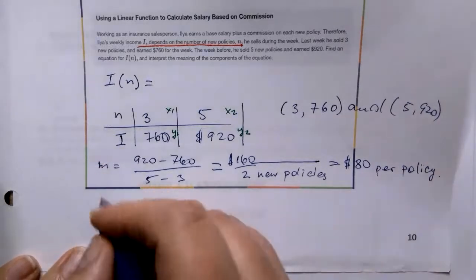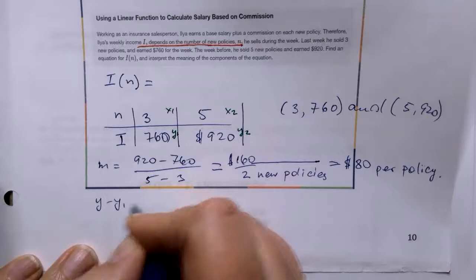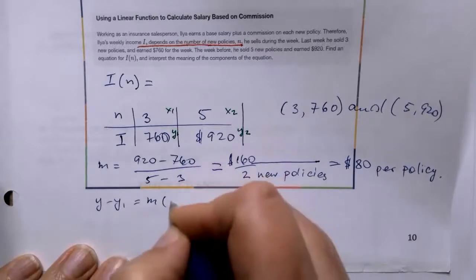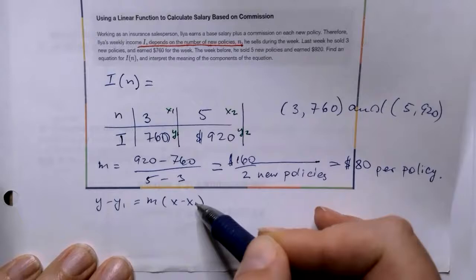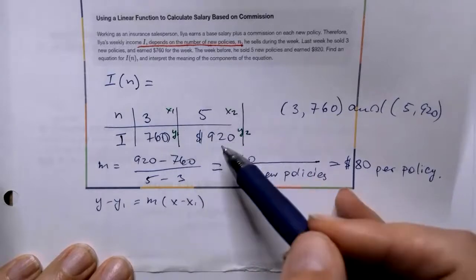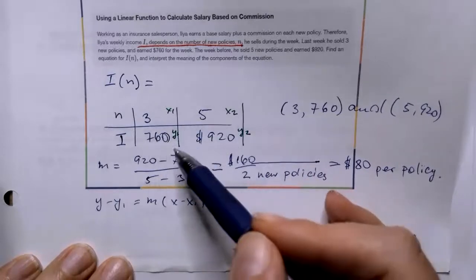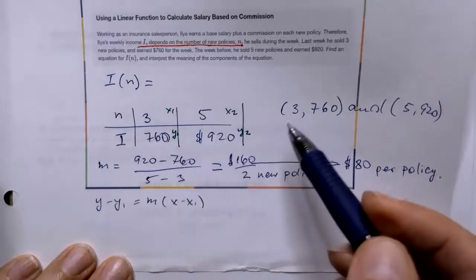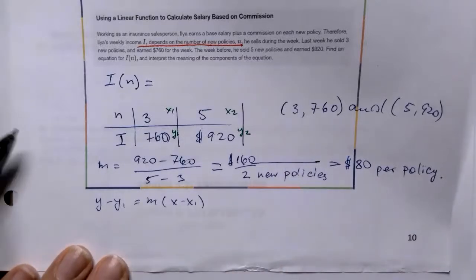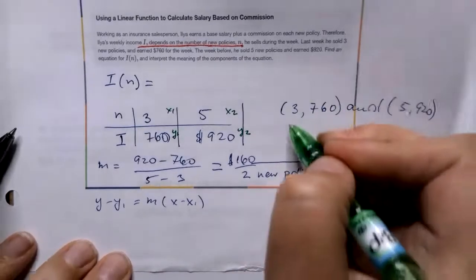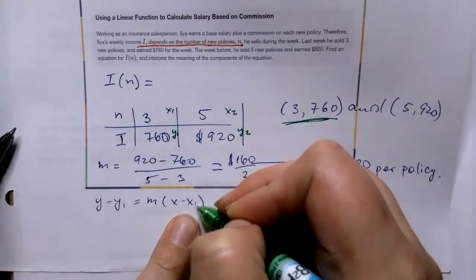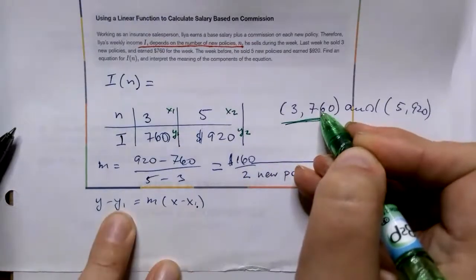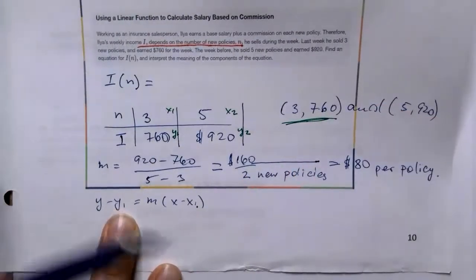So we're going to use our equation y minus y sub 1, our point slope form, okay? And for this, we're going to choose any one of those two points. I'm going to go with the first one. So I'm going to stick x into x1 and the y into y1 into this equation.